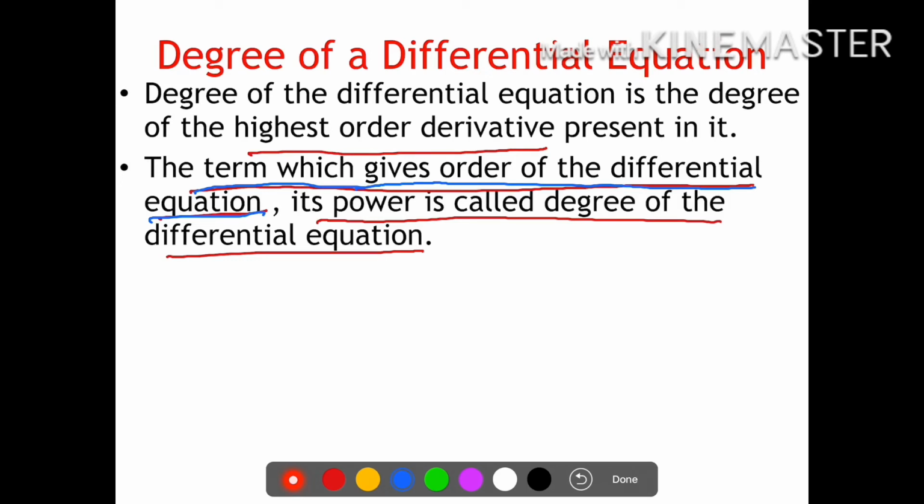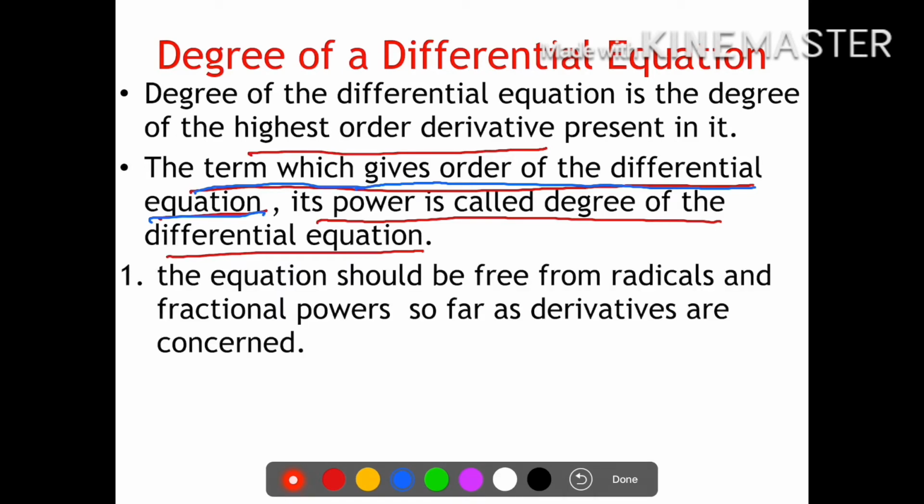But before finding the degree, remember, we should ensure that the equation is free from radicals and fractional powers so far as derivatives are concerned. This is one important point.